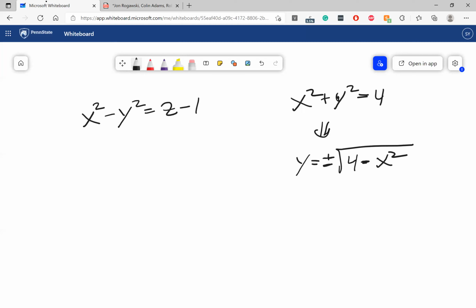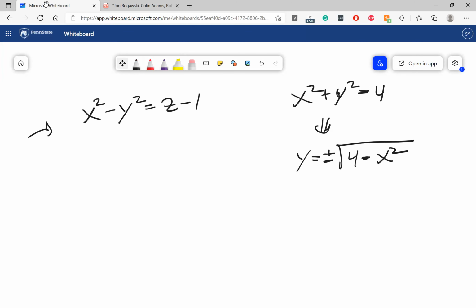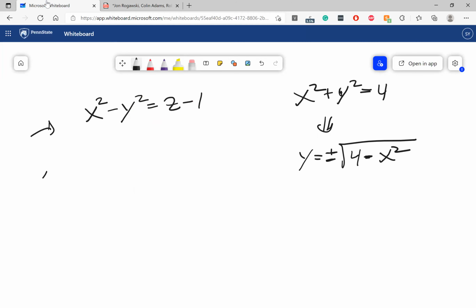And so then putting that in this equation over here, we're going to get x squared minus, and it doesn't matter if the y is plus or minus, you're squaring it, so you get minus (4 minus x squared) is equal to z minus 1.